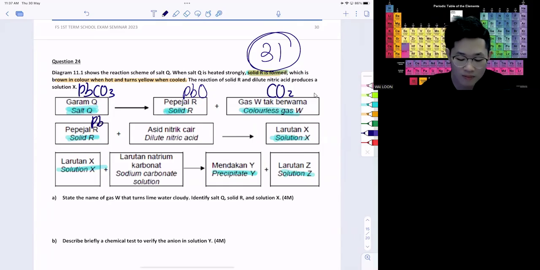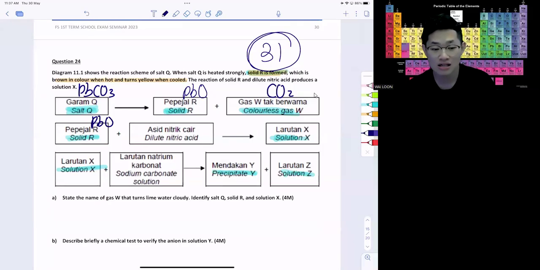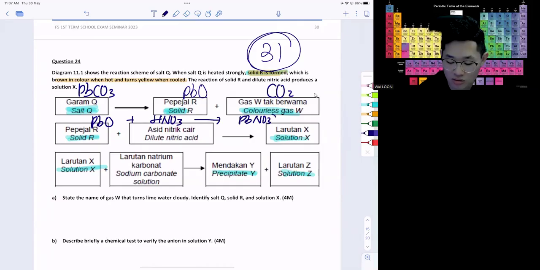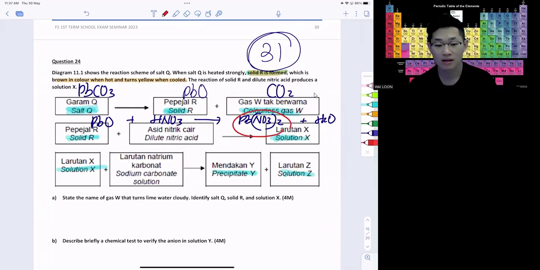Once I got my R, I just bring it down. PbO reacts with nitric acid, you just have to write an equation. Then we will be able to get Pb(NO3)2 plus water.